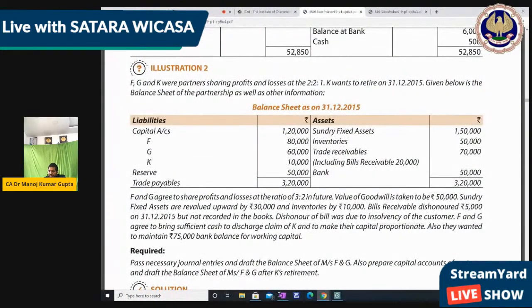Now, fixed assets valued upward by 30,000 and inventory by 10,000. So inventory 10,000 upward and revaluation in fixed assets 30,000, right?